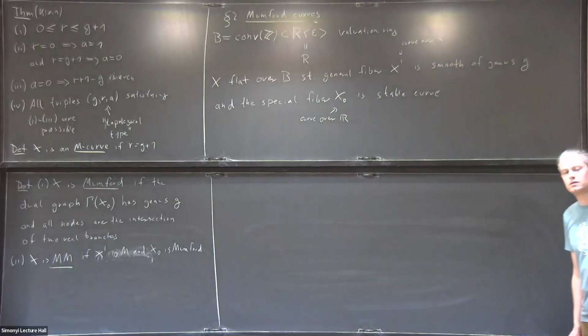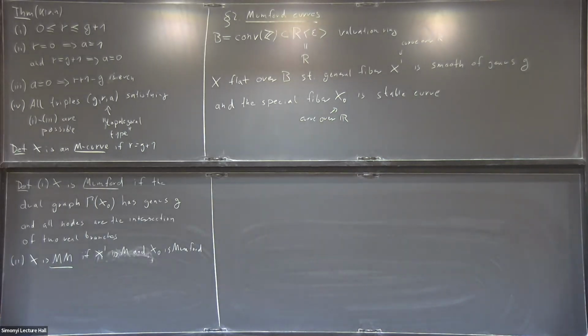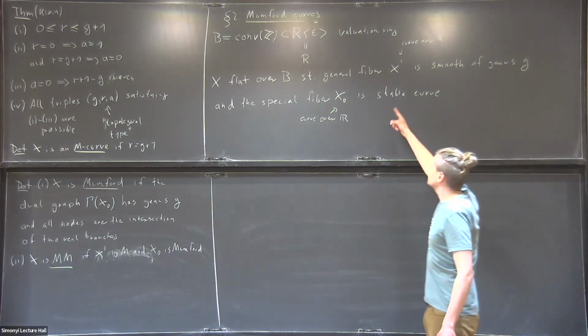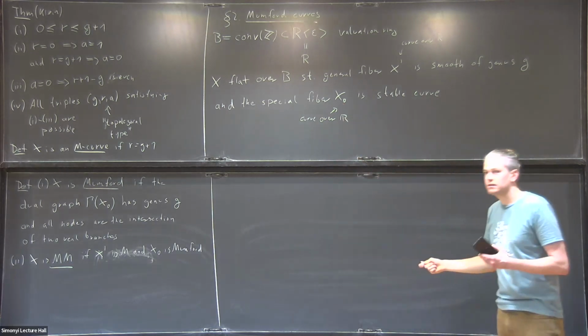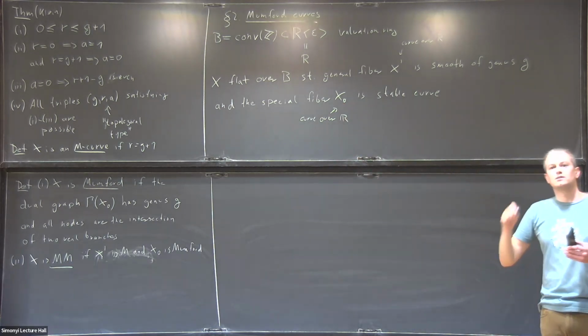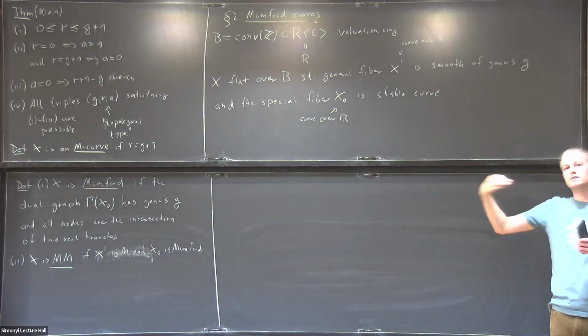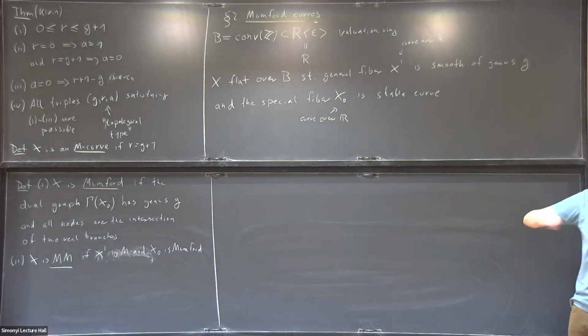You said something before that two irreducible components intersect in at least three points. Did I understand this right? The stable condition says that if you have a smooth rational component, then this should intersect the rest of the curve in at least 3 points. Yeah, but this can be different components. Right? Yes. Okay.